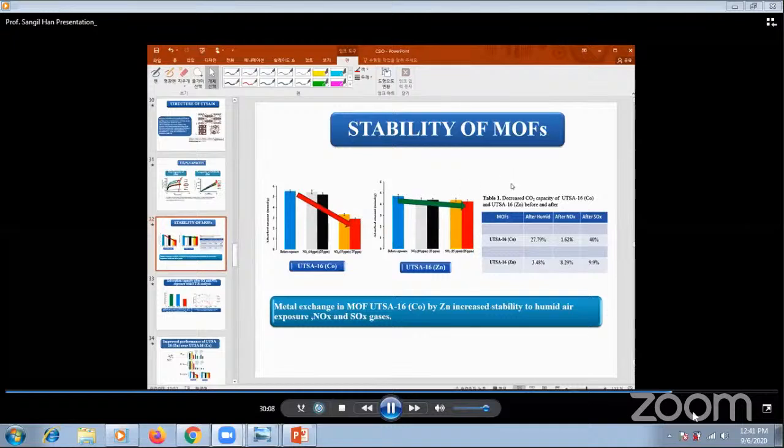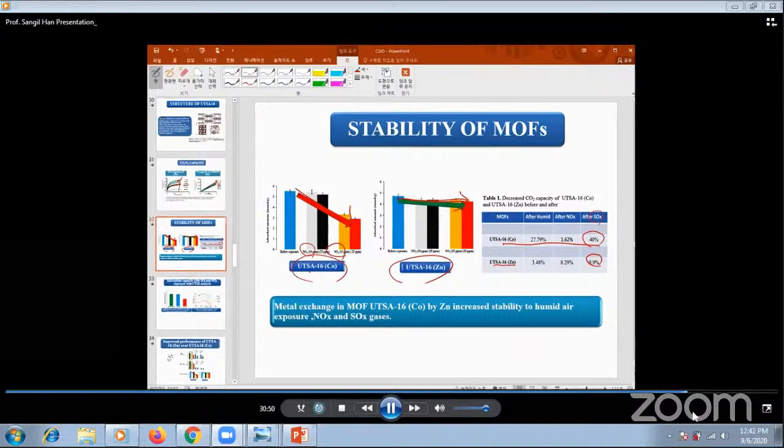In terms of the stability study, for UTH-16 cobalt, after NOx exposure and SOx exposure, the CO2 adsorption capacity decreased. But for UTH-16 zinc, the decrease was much less. For the cobalt material, after SOx, the capacity decrease was 40%, but for the zinc material it is less than 10%.